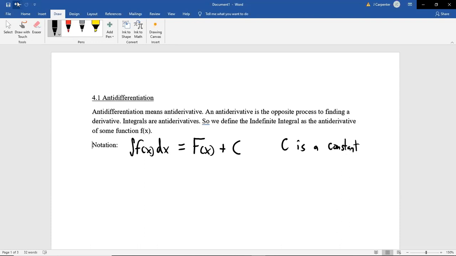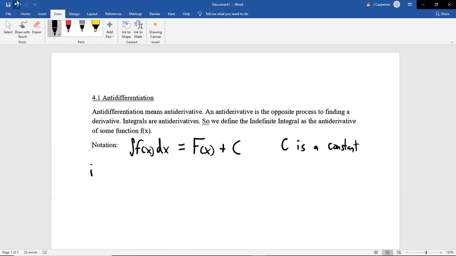You got to get used to the symbols. Again, this is really what we're focusing on. And this symbol, this little snake looking S thing on the left and a dx on the right, tells us to do an integration, to integrate, to derive, whatever you want to call it. It would be equal to some function plus a constant.